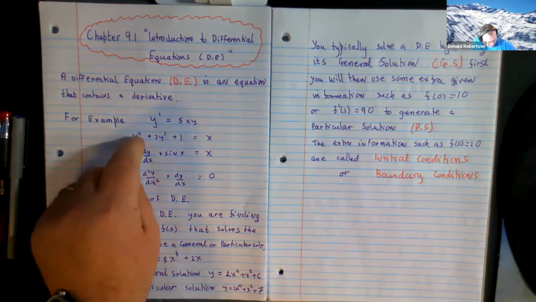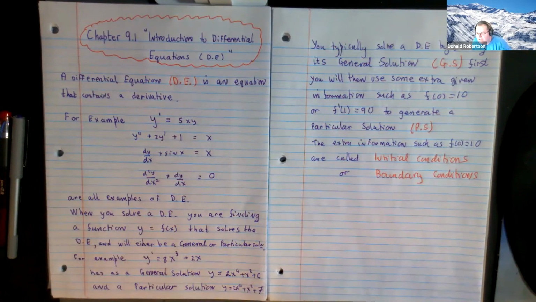And when it has a second derivative in it, it's called a second order differential equation. So if you're ever roaming around and looking on the internet for differential equations, and they tell you, oh, this is a first order or a second order or a third, fourth, whatever, that's really all it's telling you, right? The highest derivative that the equation contains is the order of that differential equation.